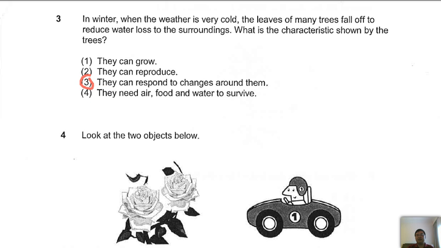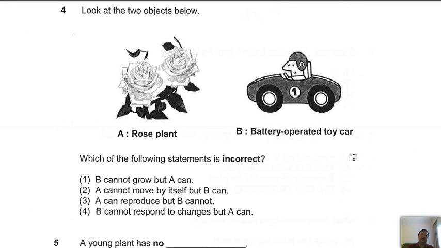All right, number 4. Two pictures over here. Look at the objects below. Plant, living thing, non-living thing. Remember, this can't move by itself, but it can move from place to place. This one you can't move from place to place. Now what we are looking for is an incorrect statement, or an untruth, something which is not true.